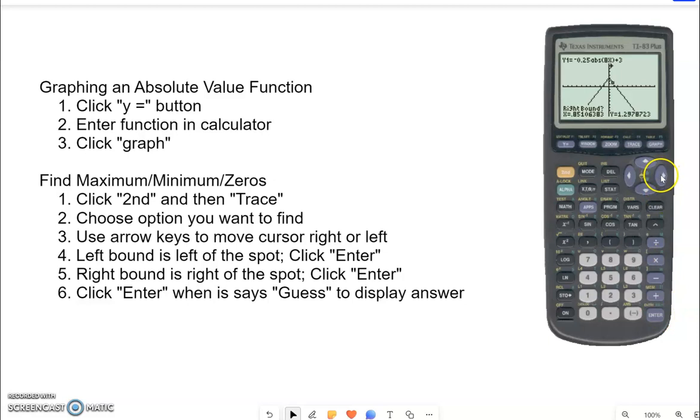Hit enter, go to the right till I'm below the x-axis. That's the right bound. Hit enter, guess, hit enter a third time to reveal our answer, and it says a positive 1.5. So that's how you can find, in this case, the maximum or the y-intercept, and our zeros of an absolute value function.